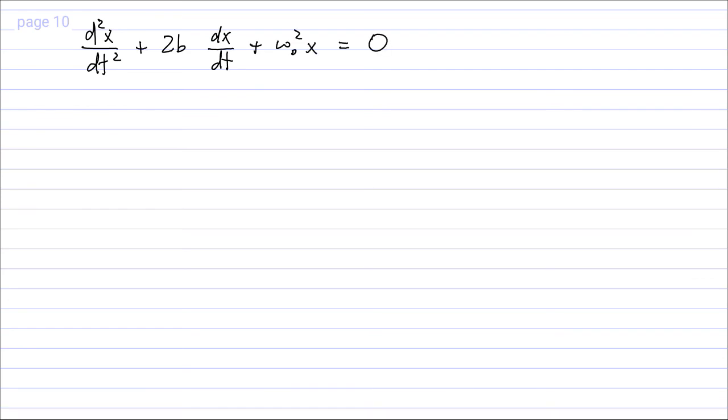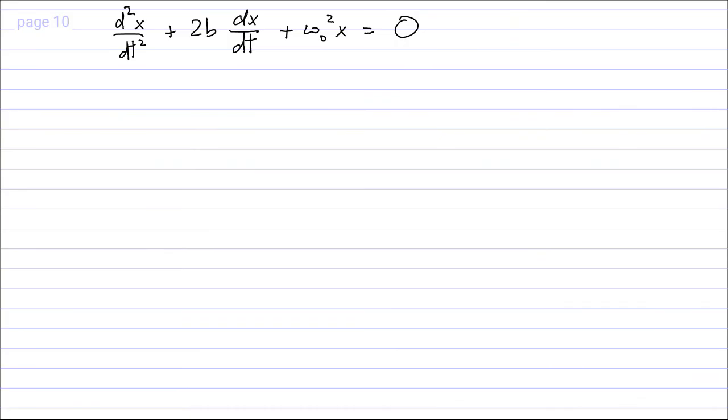So that's the second order homogeneous linear differential equation that we need to solve. Since 2b and omega naught squared are constants, we know how to solve this. I can just rewrite this differential equation as this thing, and then I can factor this linear operator.